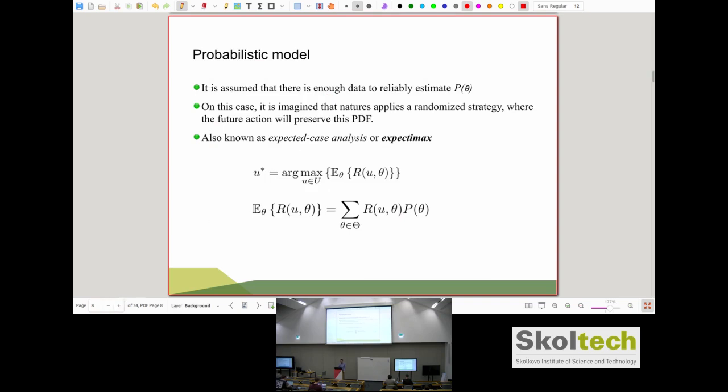Let me talk now about the second approach, which is the probabilistic model. And I'm going to give here also some motivations, right? We assume, and this is also a very strong assumption, that we have enough data to reliably calculate this distribution. I was saying that calculating this distribution is usually a very complicated problem.